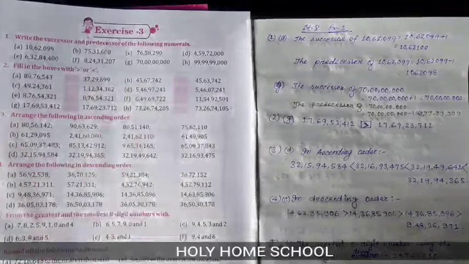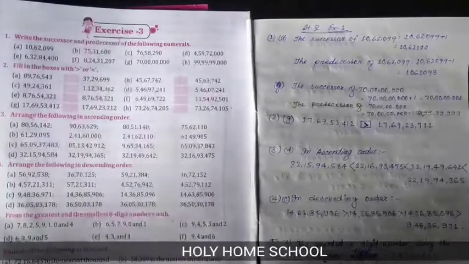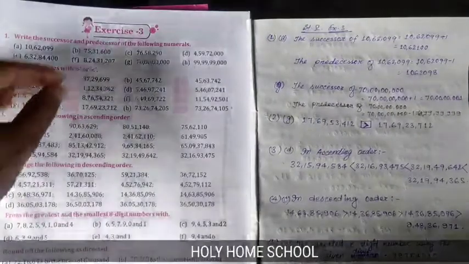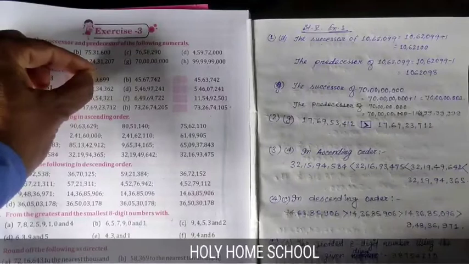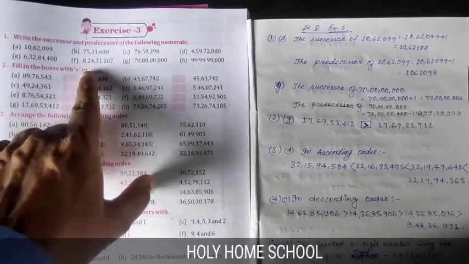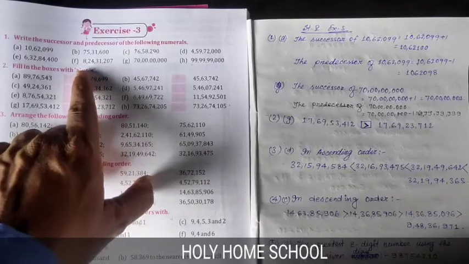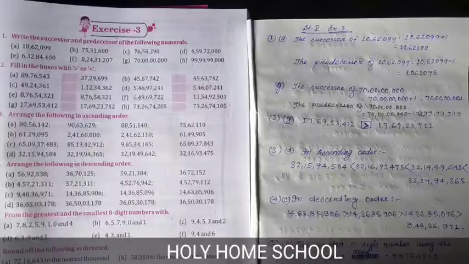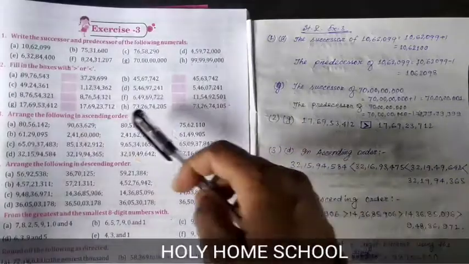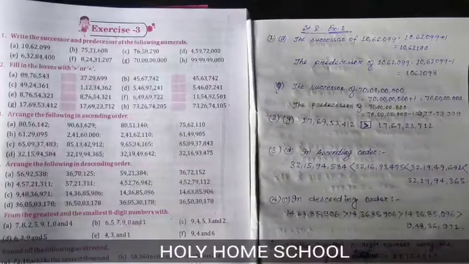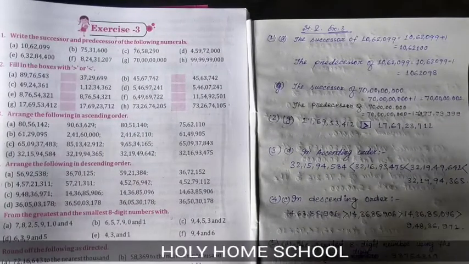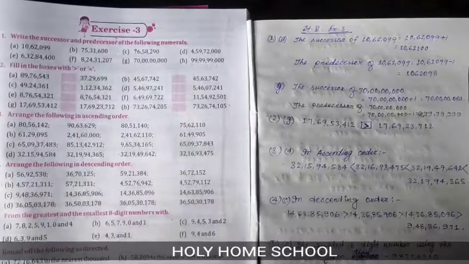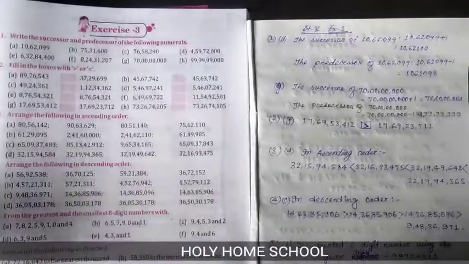It means where you get the joint, these two curved lines, on that side if the number comes, that will be a smaller number, and where the sign is opened, there will come the greater number. Simple way.